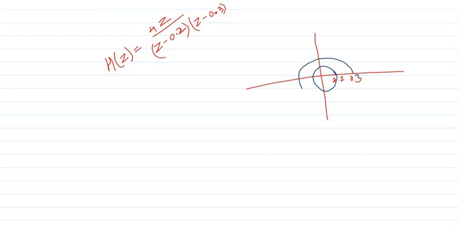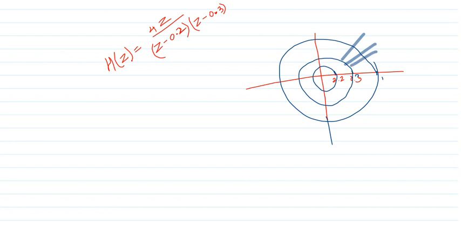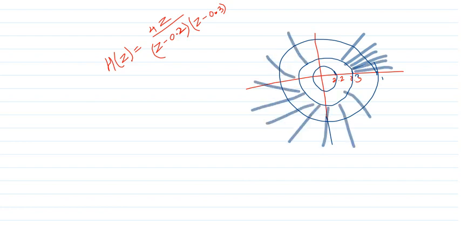Okay. Where is 1? Unit 1. 1 is here. Where are the poles? Poles are inside the unit circle, and ROC should be outside 0.3. Okay, this is the ninth property, right?